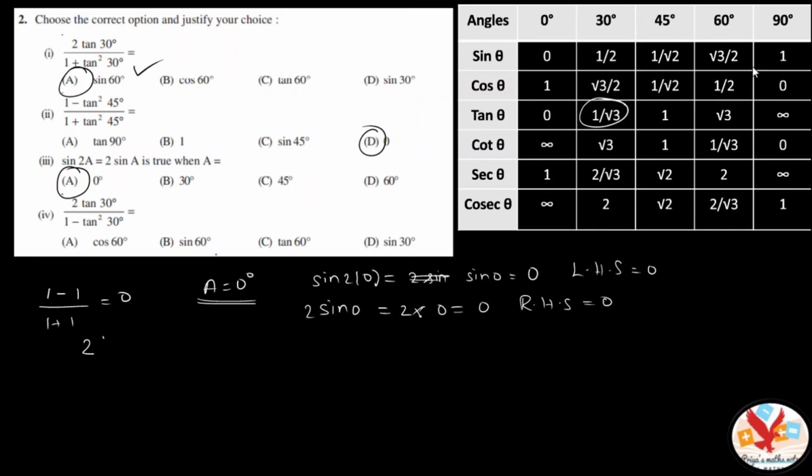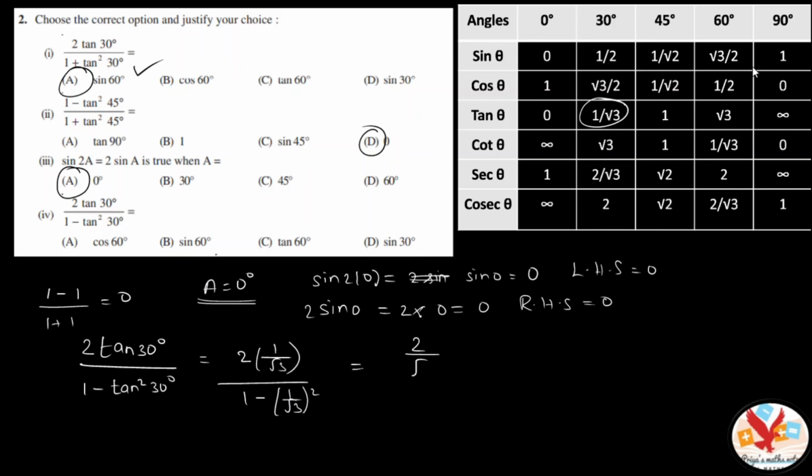Therefore, 2 tan 30 degree by 1 minus tan square 30 degree is equal to 2 into 1 by root 3 by 1 minus (1 by root 3) the whole square, which is equal to 2 by root 3 into 3 by 2, which is equal to root 3.